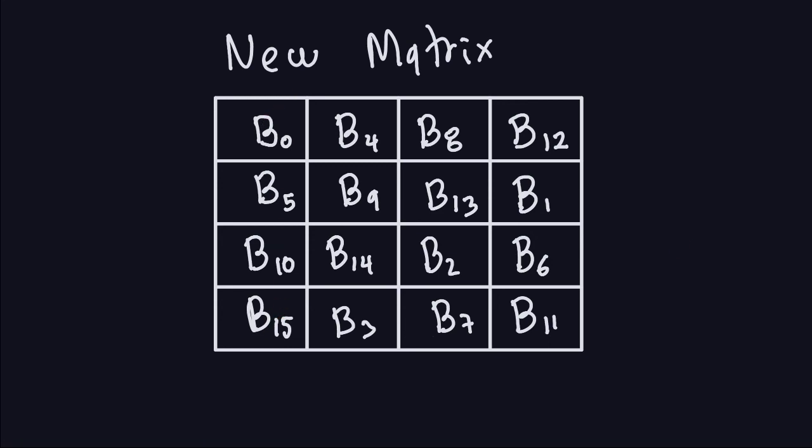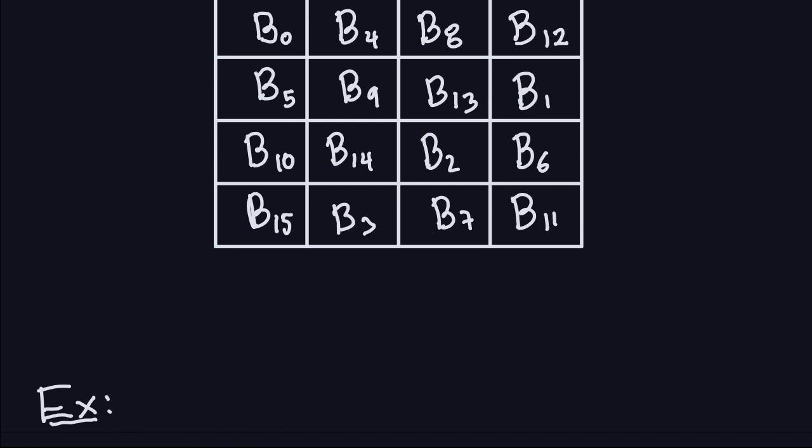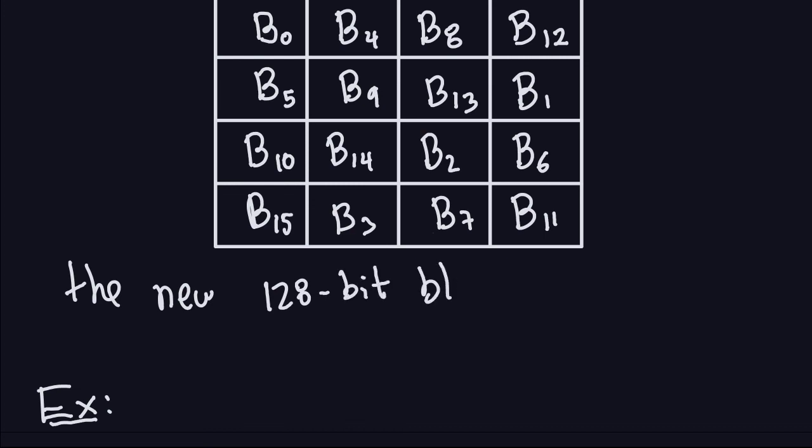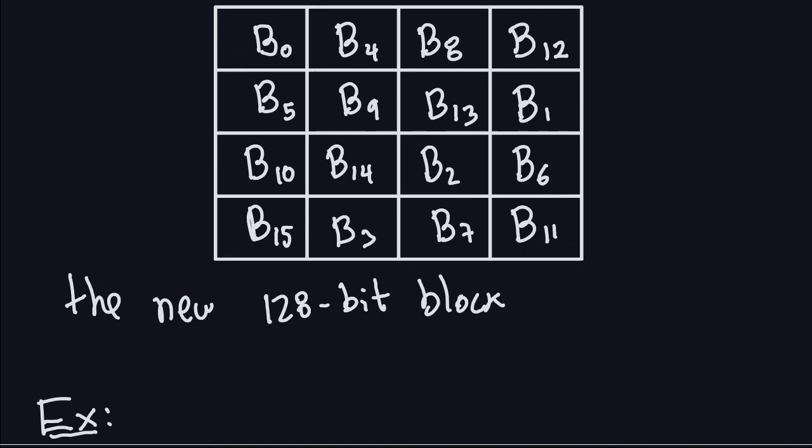So let's say the new 128-bit block will be, I start reading the matrix like this. Let me put it over here. Let me say B0, B5, B10, B15. That's writing down this column, and then I continue with the next one.